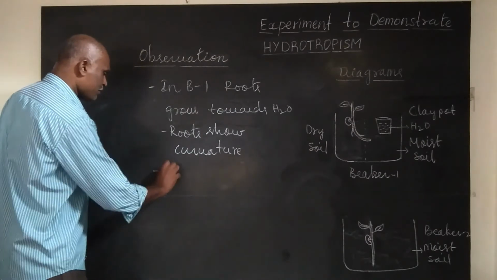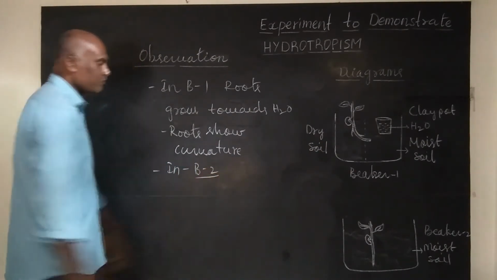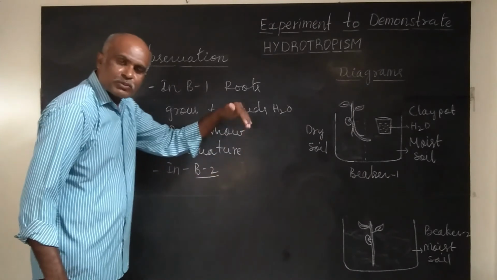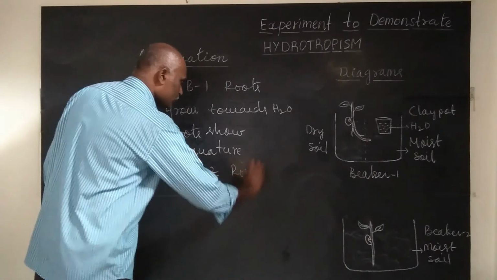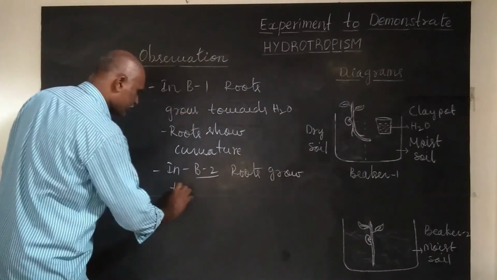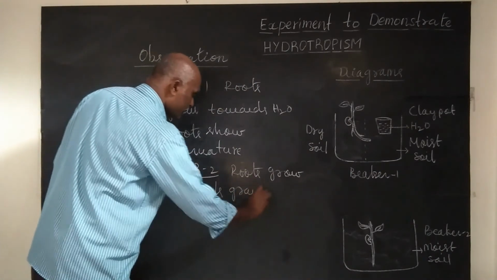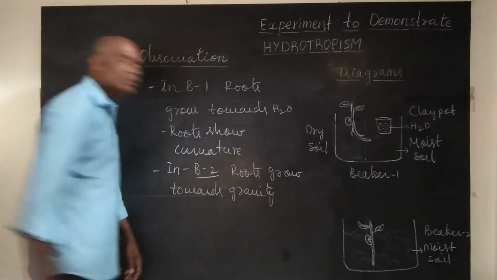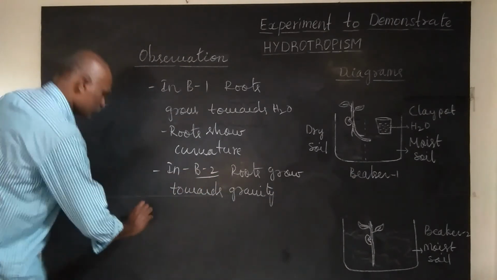And in beaker 2, roots grow towards gravity and don't show any curvature.